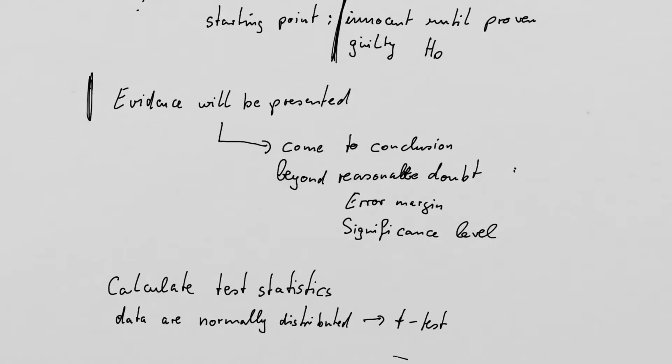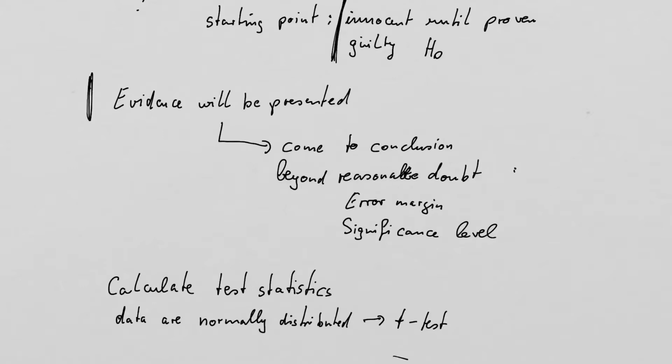And I will discuss the difference in a different video. So we have these test statistics, and now we have collected our evidence, and now we have to make a decision on the basis of our test statistics.